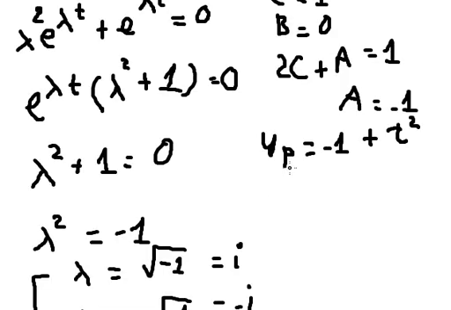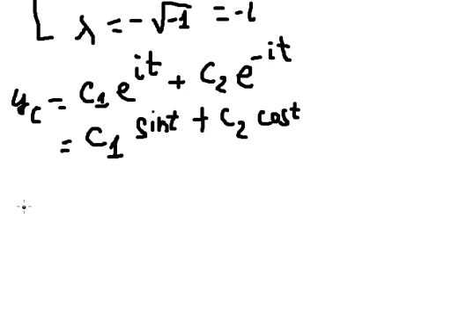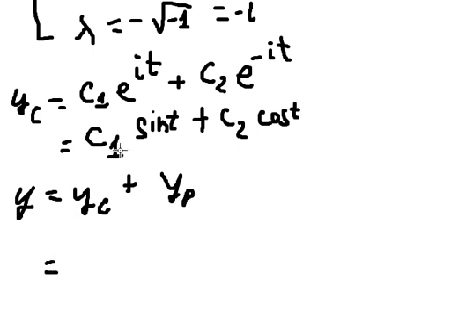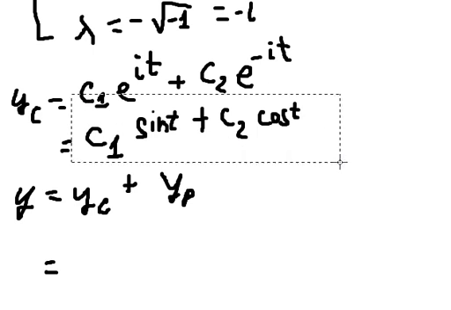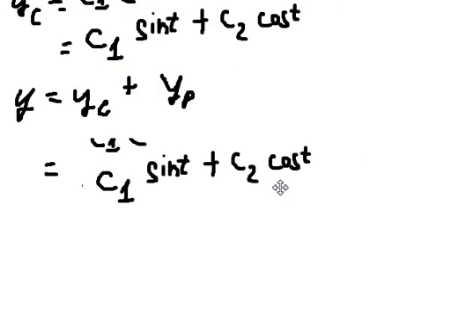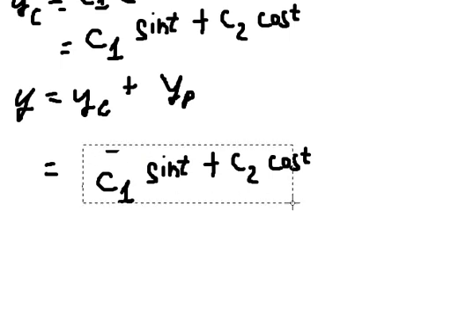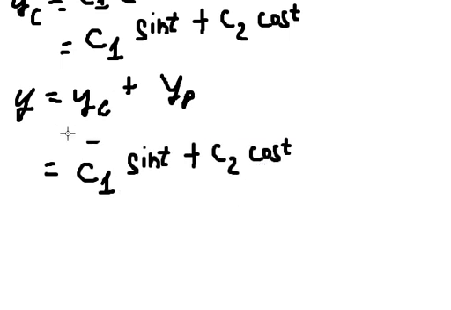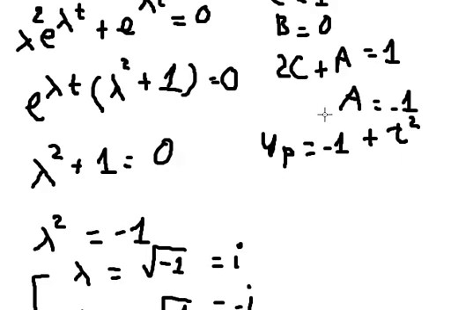So after we have yb and yc, we have y equals yc plus yb. Yc is this one, and yb is this one.